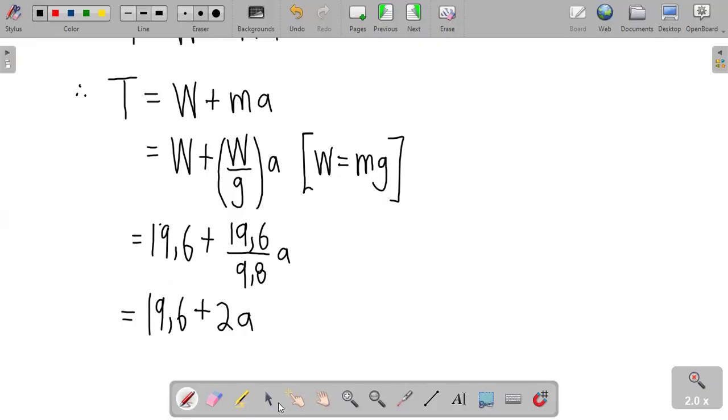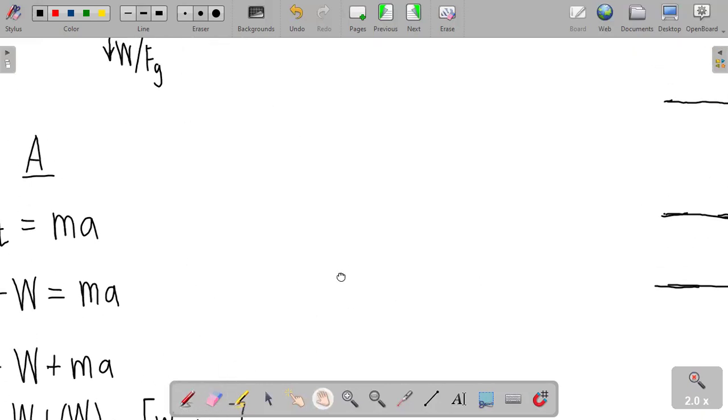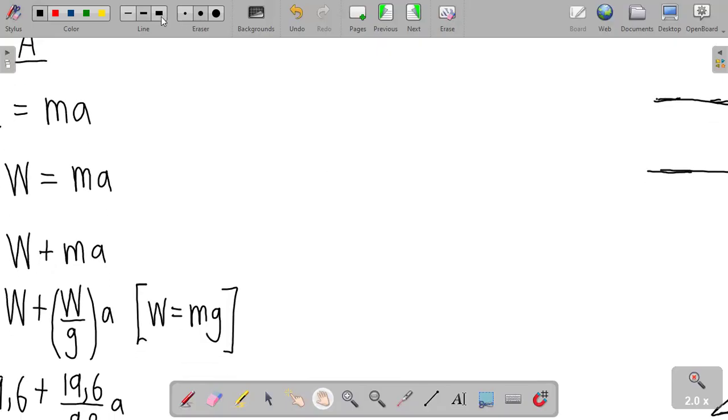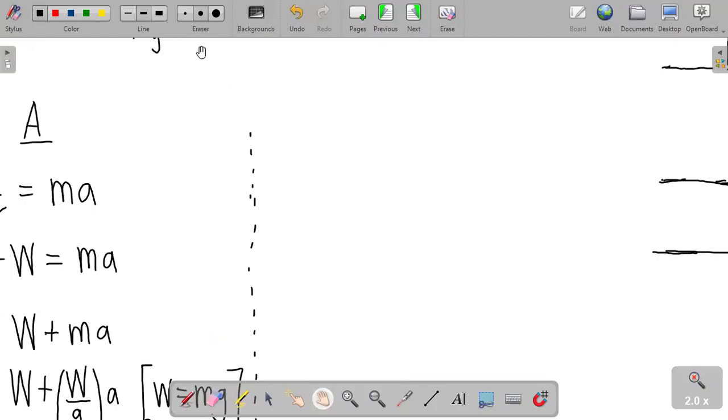Okay, now if we go to block B, what do we have here? Let's make a dotted line here. And then for block B, we have to write down all the forces. So we say the net force again: net force equals MA.